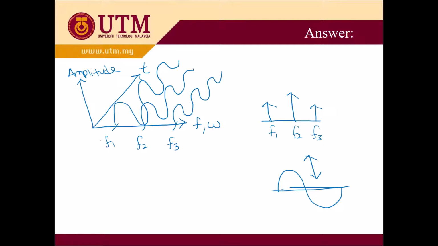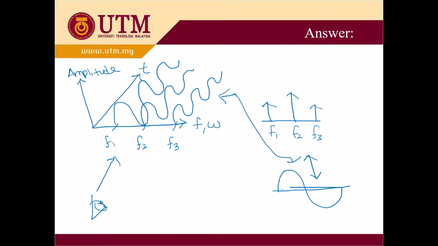If you look from this side, you can see the signal is like this. But if you see from this side, what happens if you only see the straight line like this? The straight line.